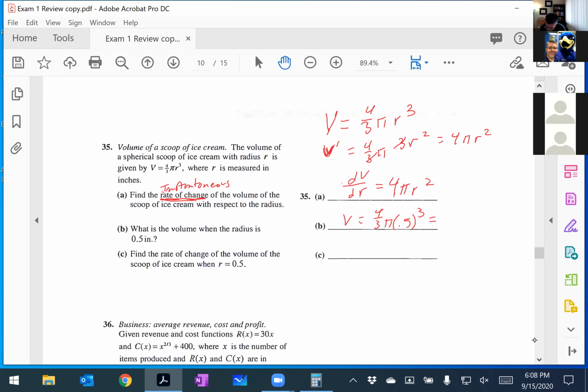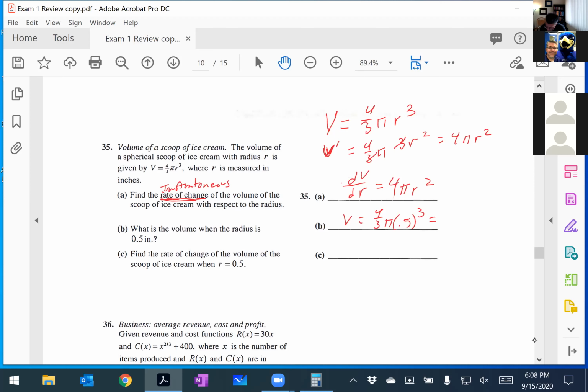I don't know what that is approximately, but you can write it as pi over 6 inches cubed. Let me plug this in my calculator real quick. Pi divided by 6 is about 0.524 cubic inches.